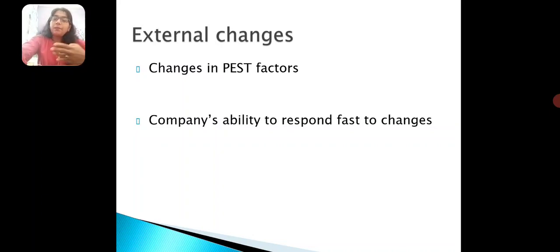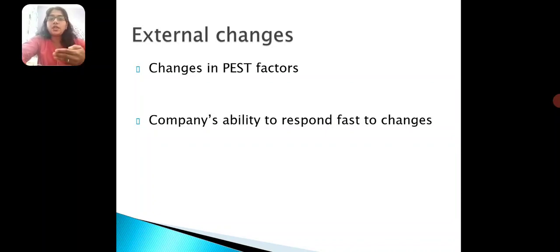Then the next one, apart from these PEST factors, is the company's ability to respond fast to changes. See, even Charles Darwin says it's not the strongest who survives, it's the one which is more responsive to change. It's not just the survival of the fittest, it's the survival of the species which is more responsive to change.